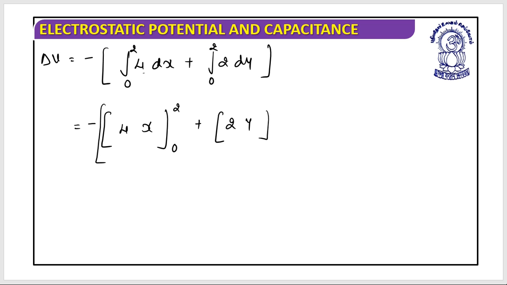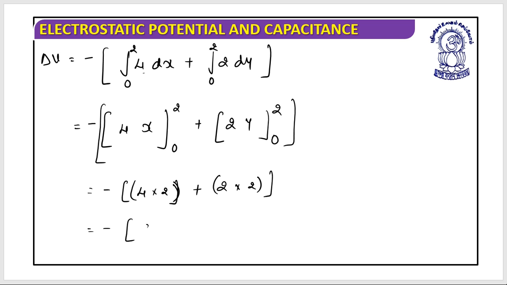Integration of 2 dy is 2y from 0 to 2. So this is equals to minus of 4 into 2 plus 2 into 2. So this is minus of 8 plus 4, this would be minus of 12 volts. Yes, this is the answer.